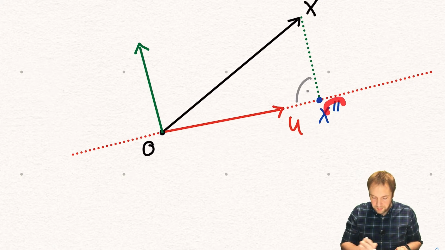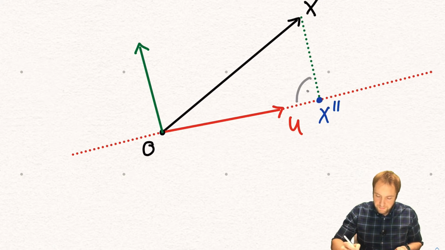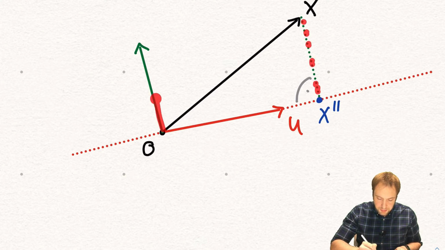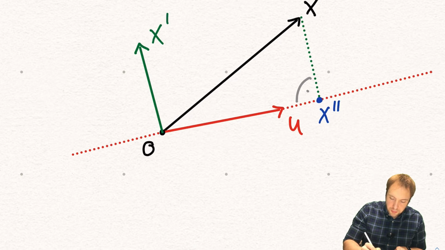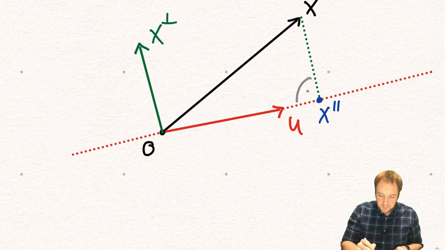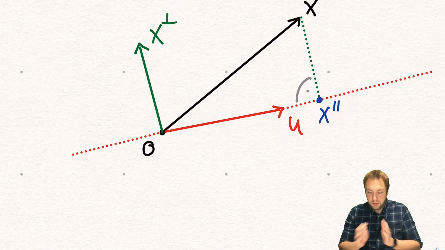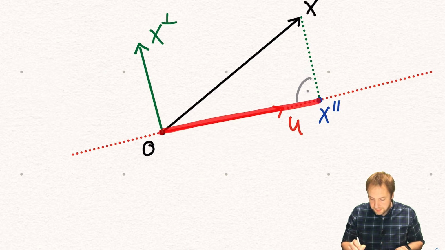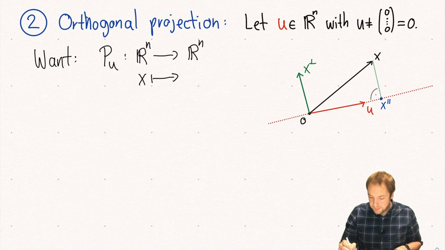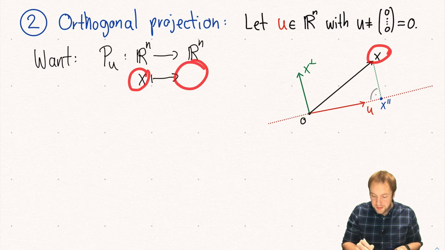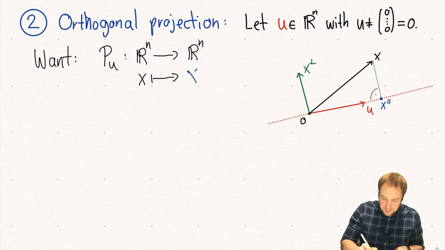So this is here on the red line. And the difference here, so this green part here, we want to call x orthogonal. So this here is a symbol for orthogonal, and this is a symbol for parallel, because this x is now parallel to u. So what we want to define is, starting with an x, we want to send x to this x parallel.